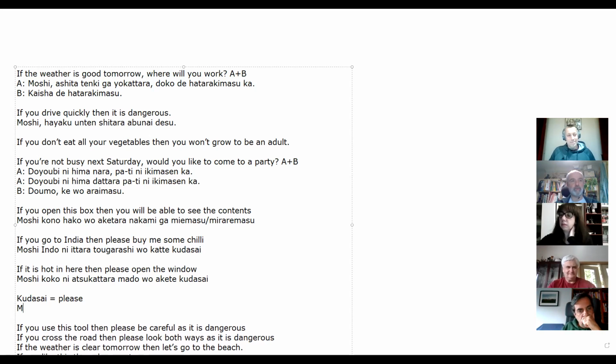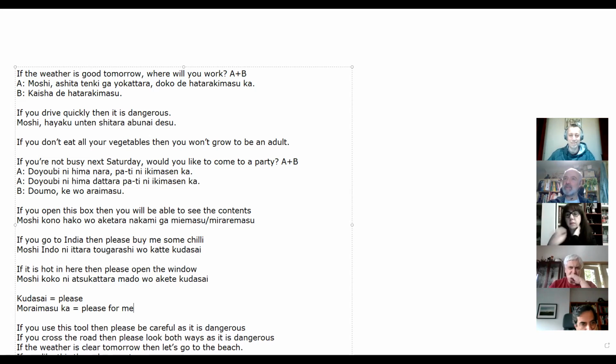If you use, for example, moraimasu ka, it kind of means please for me, a little bit more strongly than kudasai does. So if you say akute moraimasu ka, it sounds like you're doing the other person a favor. Whereas if you just use kudasai, it sounds like you're just saying, if it's hot, please open the window.